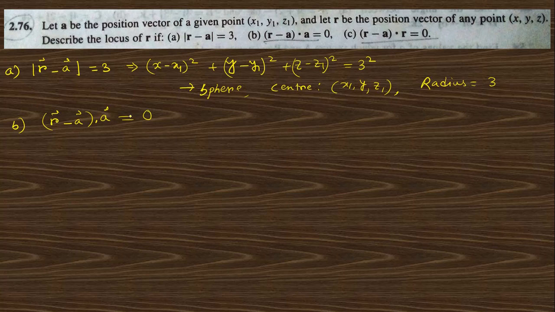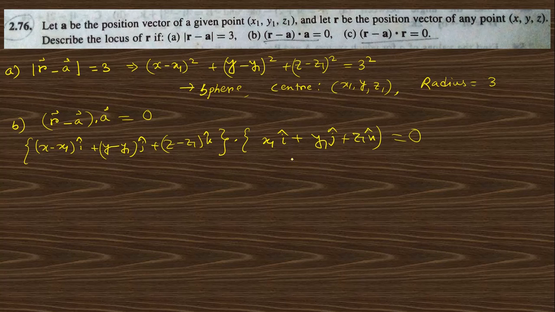Next B, R minus A dot A is equal to 0. R minus A means (x minus x1) i cap plus (y minus y1) j cap plus (z minus z1) k cap, dotted with x1 i cap plus y1 j cap plus z1 k cap, equal to 0.